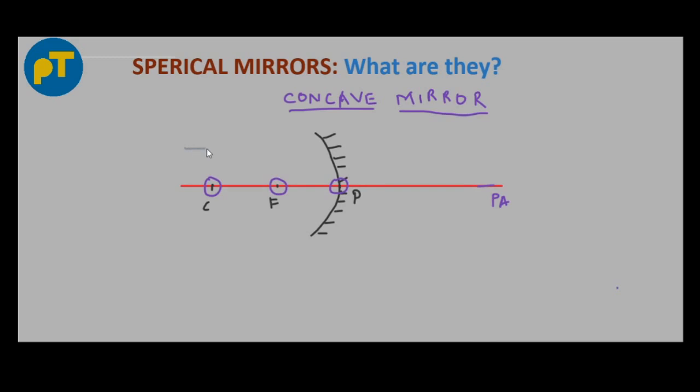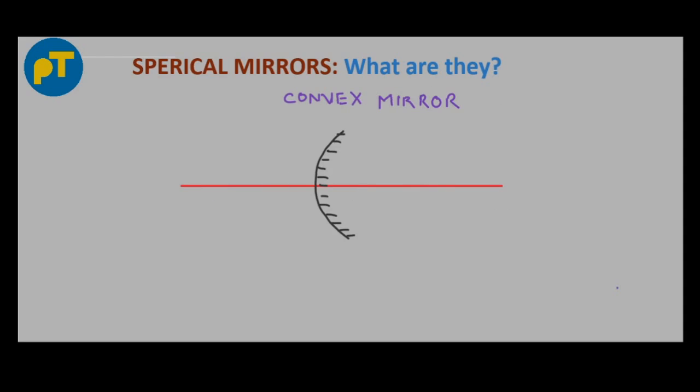Now let's say a parallel ray comes in this direction and is incident on the surface. When it bounces back, it has to pass through the principal focus. We will not go into detail about this in this video, but in the coming tutorial videos we shall learn that.